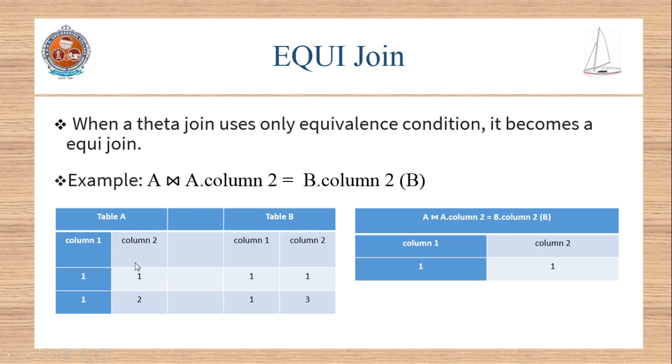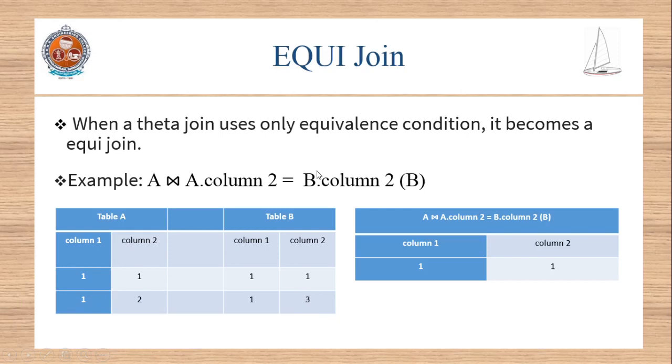The first tuple in table A, column 2 is having value 1, and the first tuple in table B, column 2 is having value 1. So this particular tuple in table A is shown in the output relation. When we consider the second tuple, column 2 is having 2 and we are not having any tuple in table B with column 2 having value 2. So this is discarded. So this is how an equijoin is going to be done.